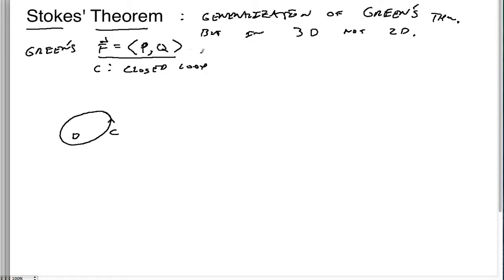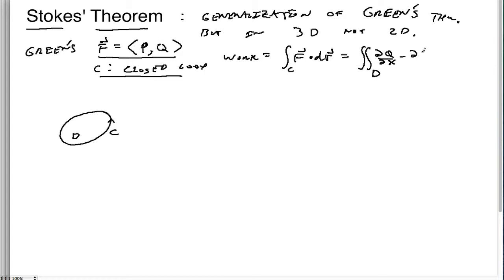And we assume then that F has continuous partial derivatives in P and Q, and that this is a simple loop. It has no crossings. It doesn't loop around twice or anything like that. Then we know that the work integral of pushing some particle through the force field, or this vector field, and computing the work over the distance of that path, C, is equal to the enclosed area integral involving the partial derivatives of Q with respect to x minus the partial of P with respect to y, dA.